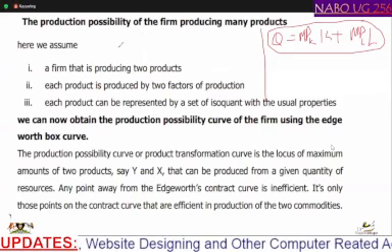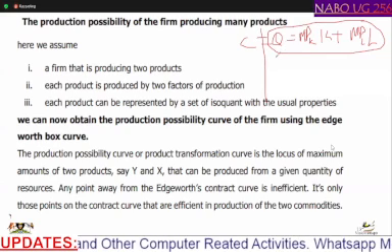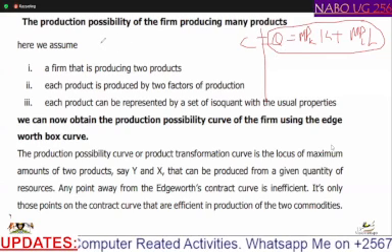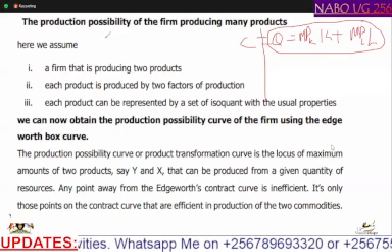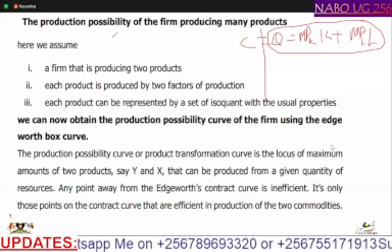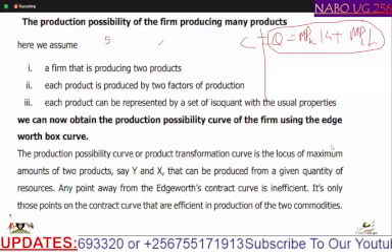I'm employing, I'm paying, for example, I'm hiring labor, I'm paying labor 500, and I'm paying capital 100.